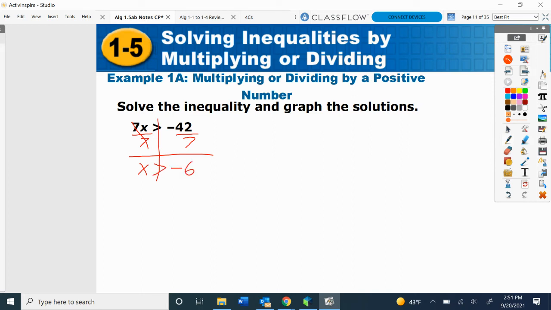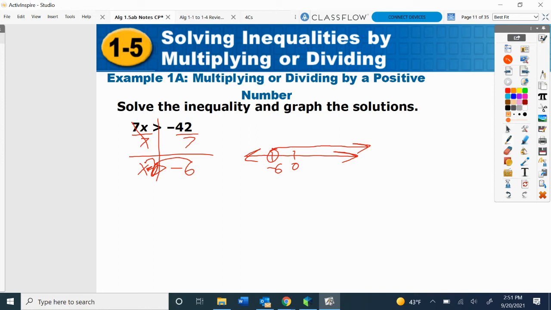So there's my answer, and it's turned the right way. x is greater than -6. The bigger side here is with x, so that says x is greater. So we'll graph that out. 0, -6. We want an open circle on -6, and we want to show everything greater than -6. We'll have an arrow going to the right.